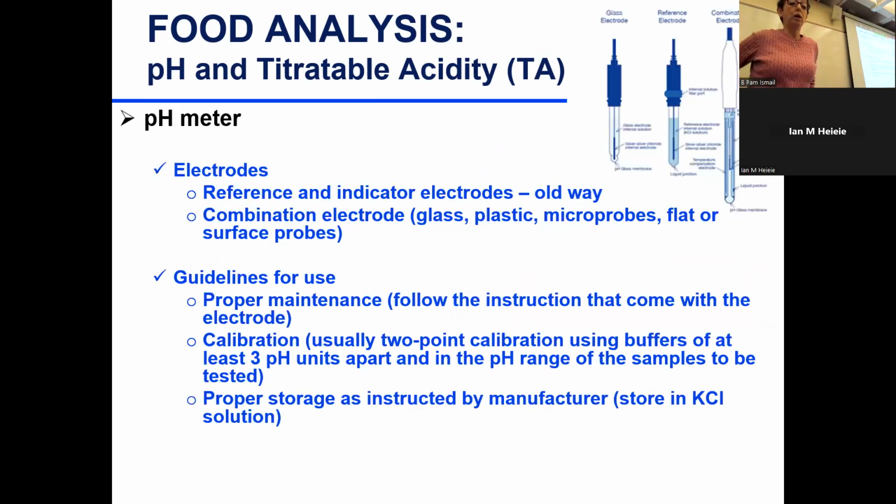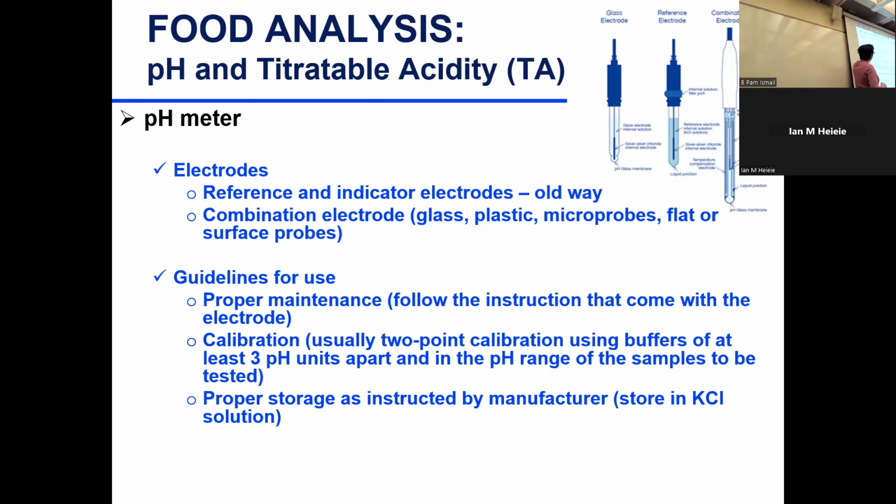All right, so a pH meter has electrodes. In the new ones, you have your reference and indicator electrode in one compartment. You will have one plastic container inside of which are both your indicator as well as your reference electrode. In the old pH meters, you might have them separate, but most of them are combination electrodes.